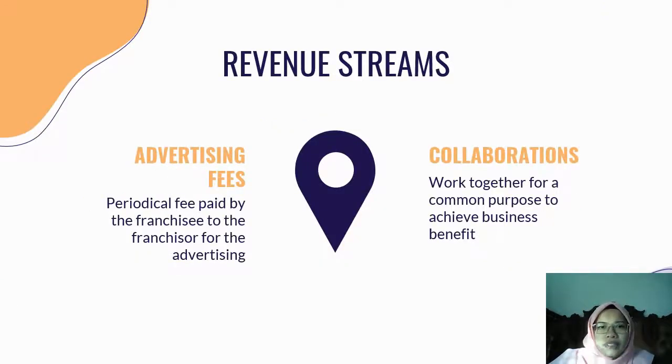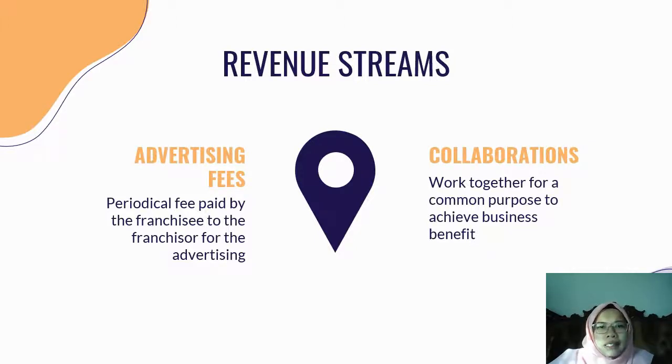Next, we have revenue streams. Revenue streams are the various sources from which a business earns money from the sale of goods or the provision of services. The types of revenue that a business records on its accounts depend on the types of activities carried out by the business. For example, advertising fee, which is paid by the franchisee to the franchisor for the expenditure incurred in corporate advertising.